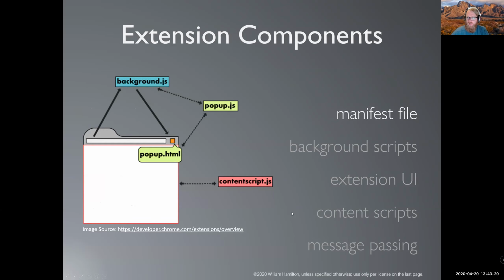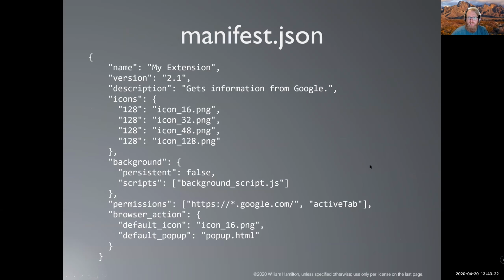All right, so first, the manifest file. As I mentioned before, the manifest file is at the top level directory of your extension. It defines most of the parameters of your extension. It defines links to the different files that it's going to be using.